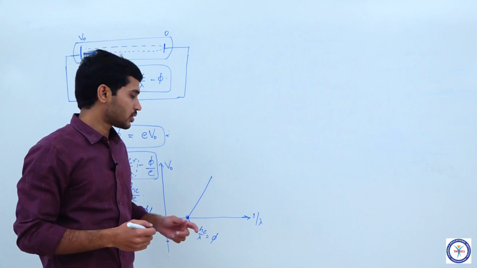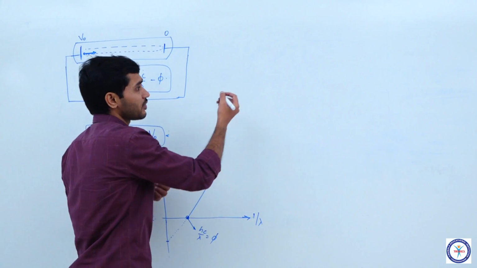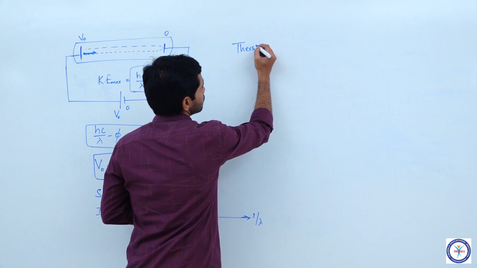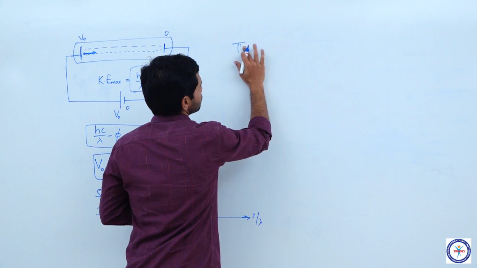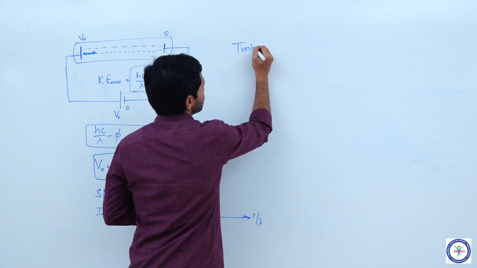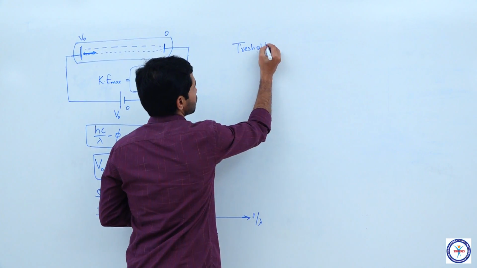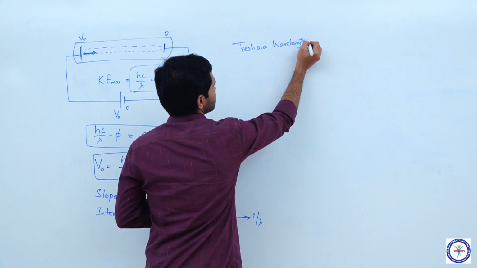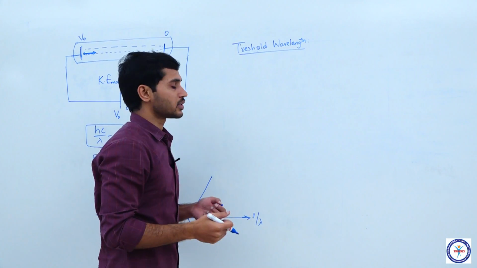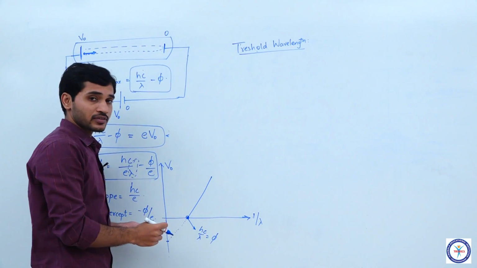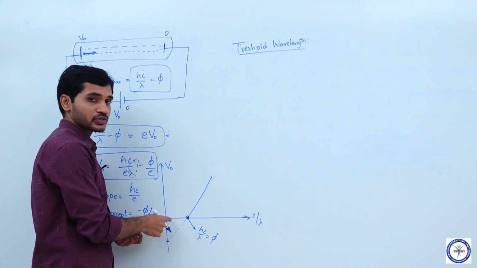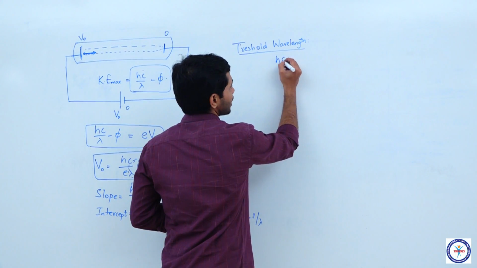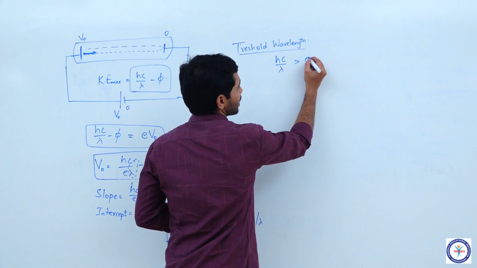So, threshold wavelength is basically defined as, let me write it down. I have told you earlier that you can understand that from the graph here. There is no graph behind this in this region. The photoelectric effect will take place only if hc by lambda is greater than phi.